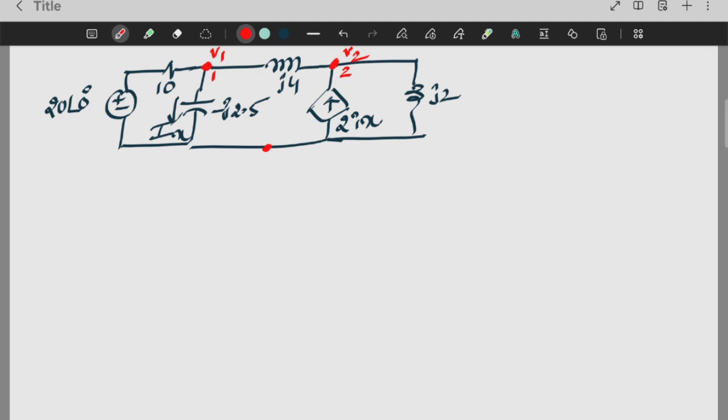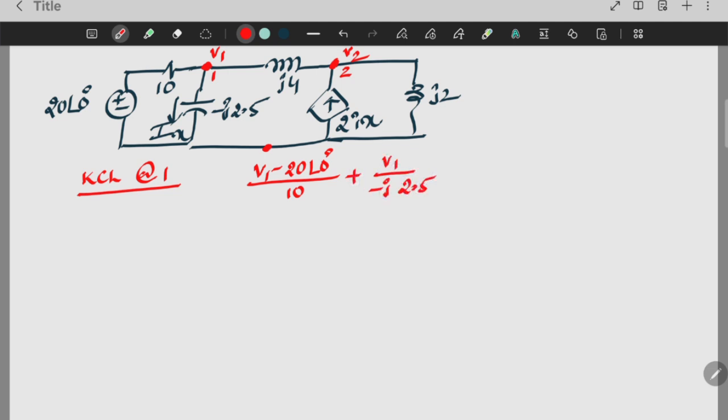If you apply KCL at node 1, what will you get? V1 minus 20 at an angle of 0, divided by 10. This is the leaving current through 10 ohms, plus V1 by minus j 2.5. This is the current through the capacitor. One more thing, here we have to write this controlled variable.